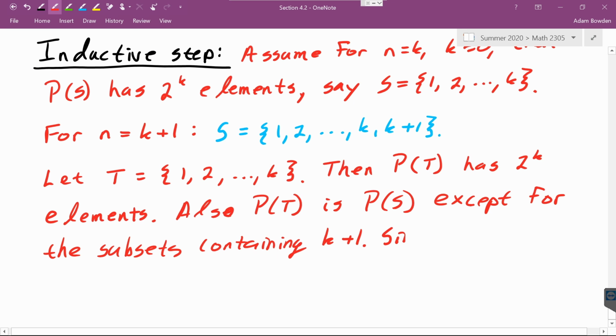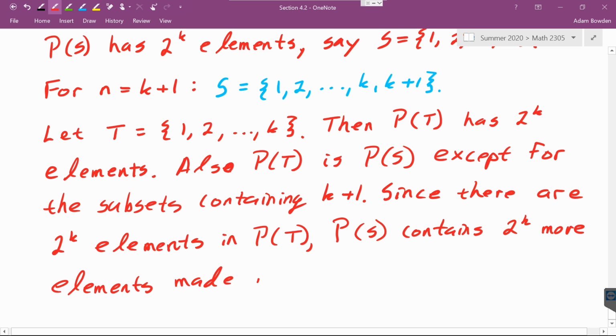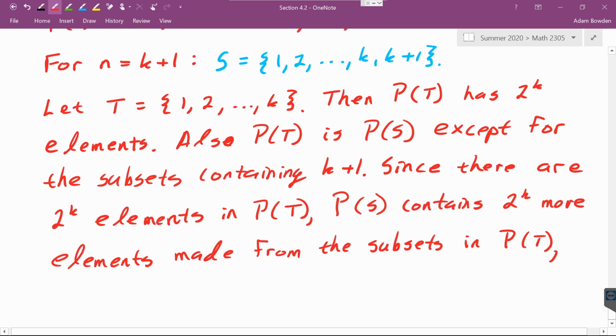Now the next thing to recognize is that since there are 2 to the k elements in the power set of T, the power set of S contains 2 to the k more elements made from the subsets in the power set of T, but with the element k plus 1 included.